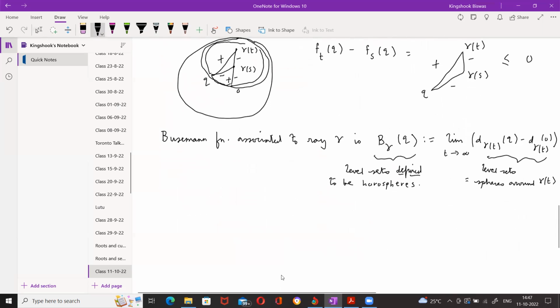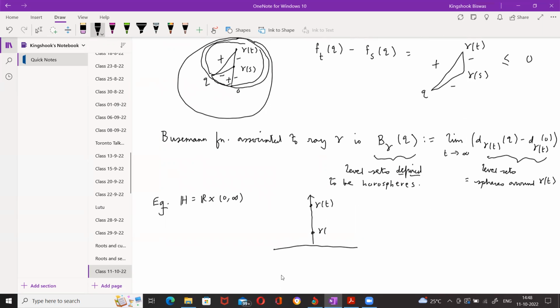So for example, if you do this in the upper half plane, that's R cross (0, infinity), then if your gamma t is this imaginary axis, you look at the sphere of radius t around gamma t.